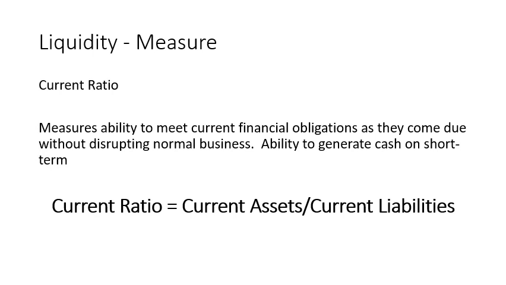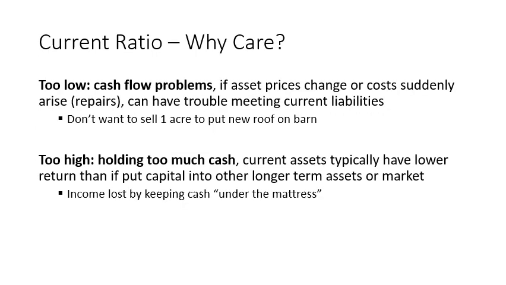So it's the money that you have access to right now divided by the debts that you're going to owe really soon. And that ratio says, are you going to be able to pay those immediate debts with your immediate money? And so if you have too low a current ratio, you're likely to have cash flow problems, right? So you might not be able to pay your current debts with the money that you have on hand.